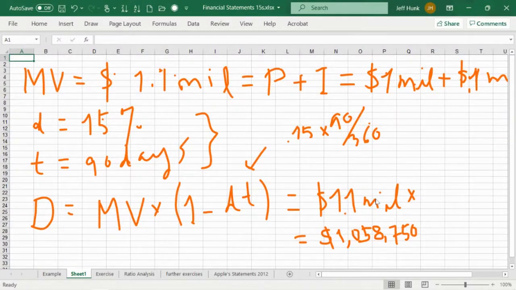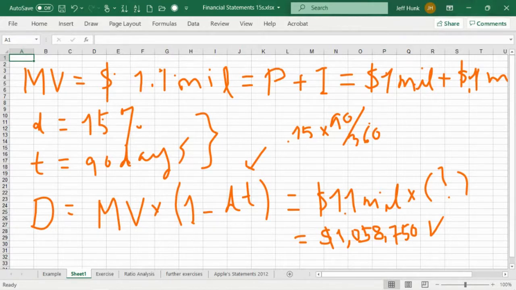So the point is, this is what the bank gets. I mean, this is what the company gets, right? And the difference is what the bank takes, right? Remember, at maturity, 90 days later, the bank will present it to the issuer of the promissory note.